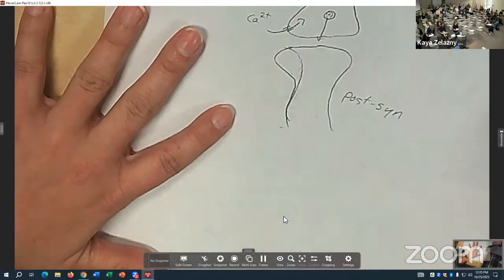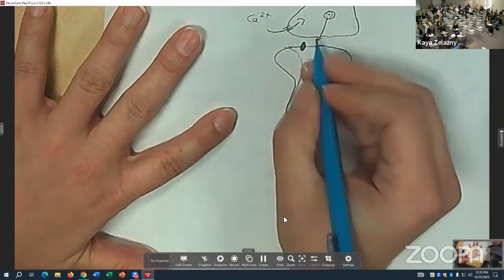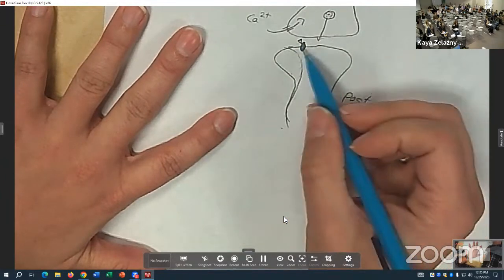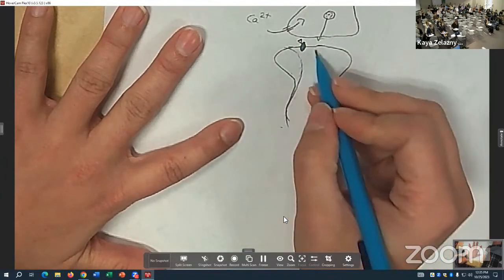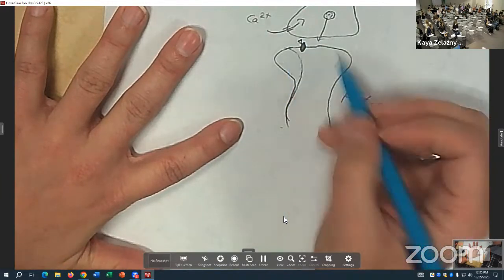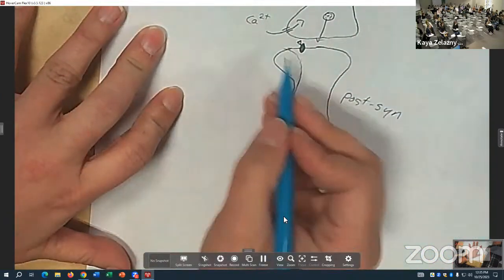Okay. On the opposite side, on that postsynaptic neuron, we've got receptors. Neurotransmitters bind onto receptors, which ultimately open or close a channel, allowing more ions to flow or preventing ions from flowing.